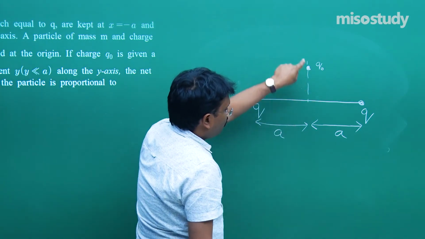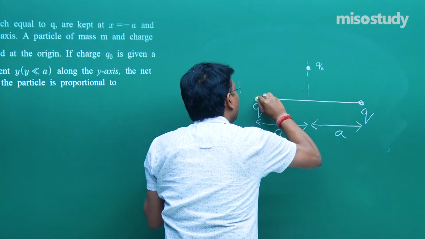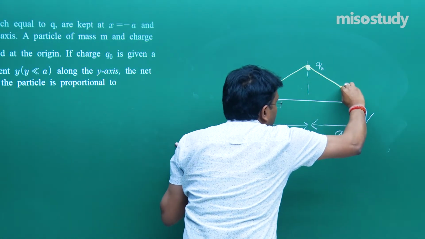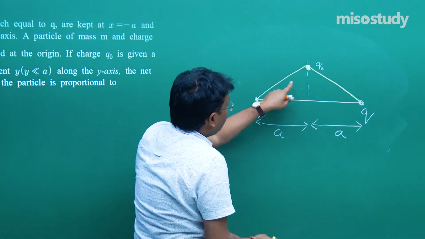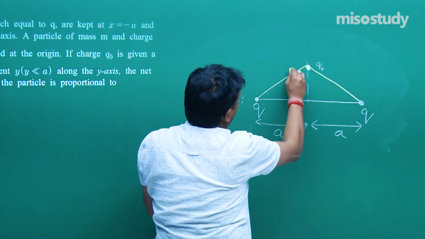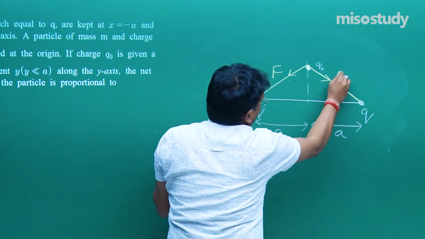So this will move like this in this fashion. So let's try to find the direction of the force. This way. Because the charges are similar and the distance is similar, the force is going to be, let's say, F and F.